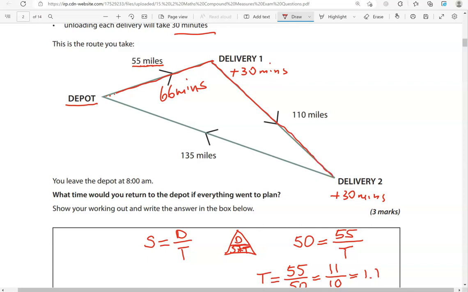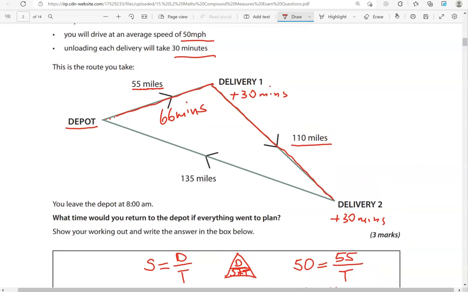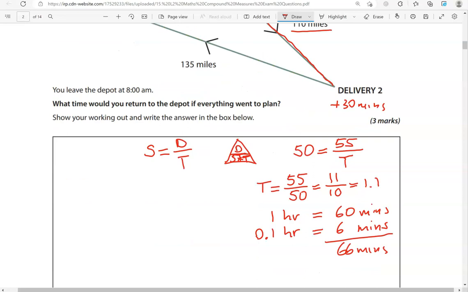So we've got 110 miles at 50 miles per hour. So repeating this process, we're going to do 50 is equal to 110 divided by t. So 50 is the speed and 110 is the distance.